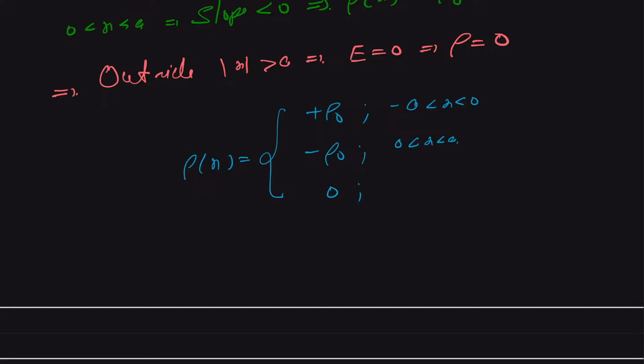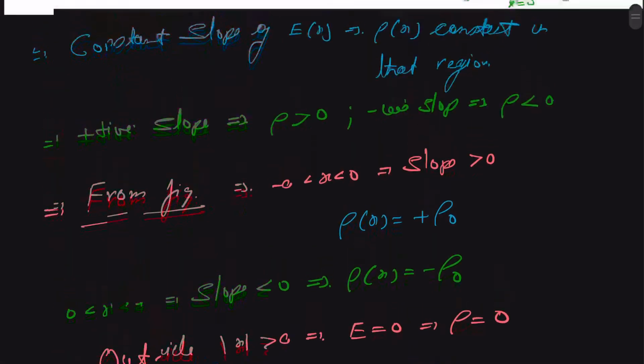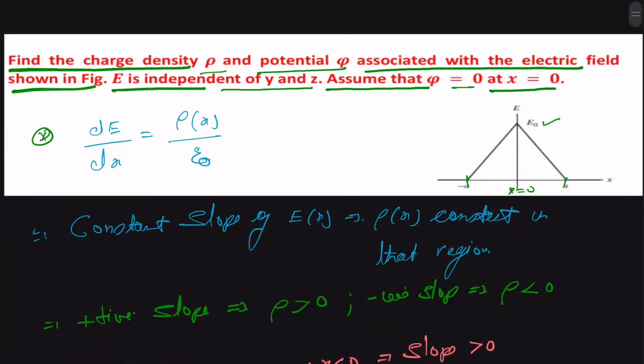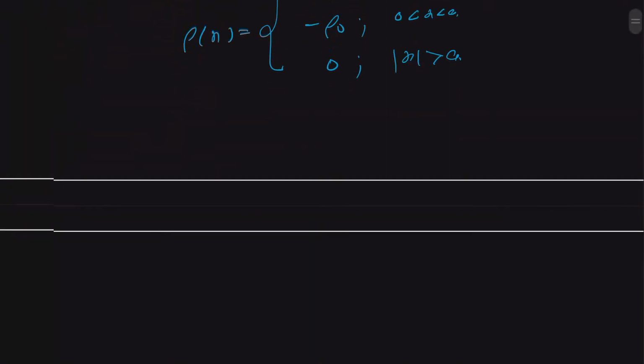And finally, we are having 0 when the modulus of x is greater than a. So these are the values of our charge density. Now, we can easily find out the value of our electric field, because we have just written a relationship.